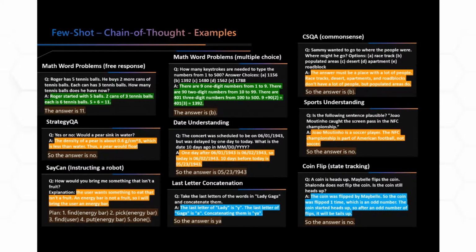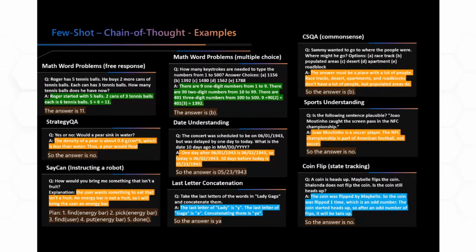Not all reasoning problems are the same. One of the examples we covered last time was the first one here, the math word problem, where if Roger has five tennis balls, and he buys 2 more cans of tennis balls, each can having 3, how many will he have? That was more of a free form type of problem where we reasoned with the math through free form.